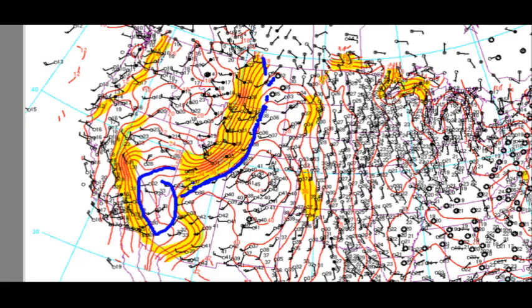So again, we would have to look at the data, but I'm thinking probably something like this right there. And then, of course, we pick up the front there in Canada. So maybe something like that right there.